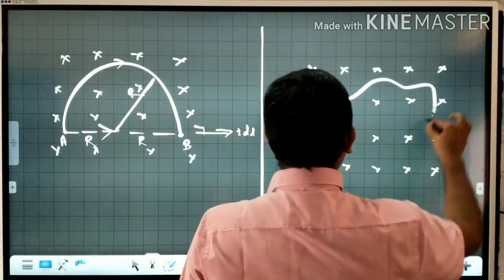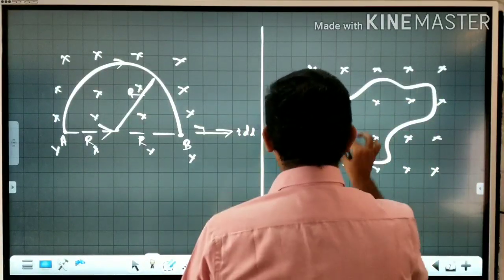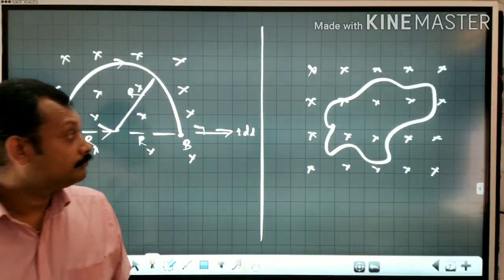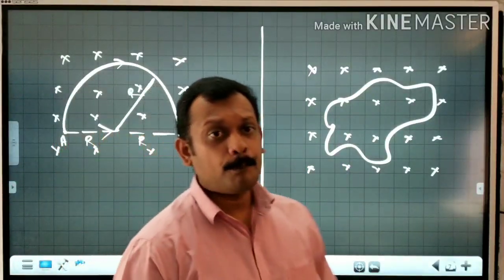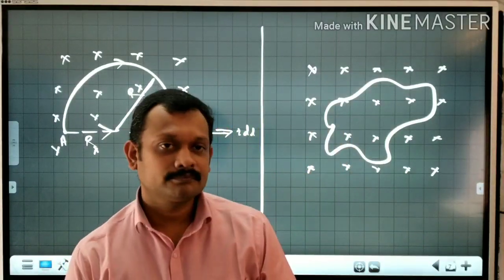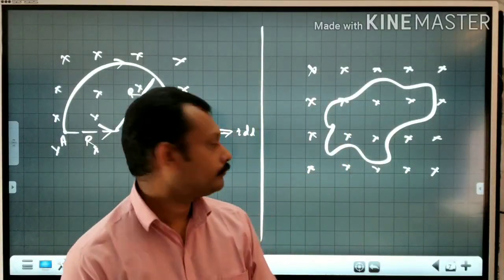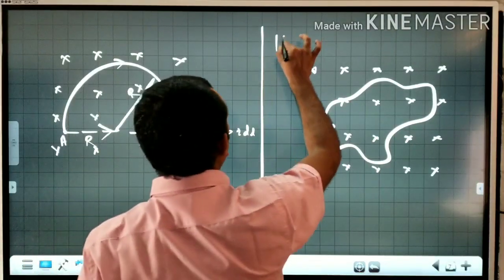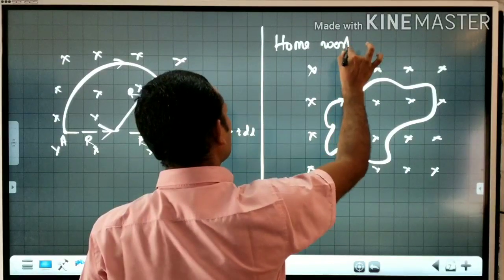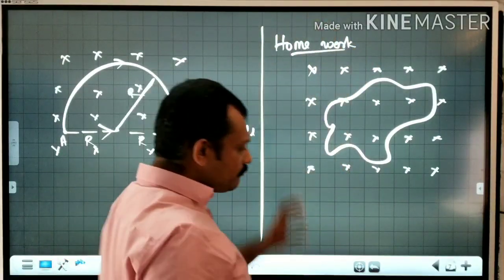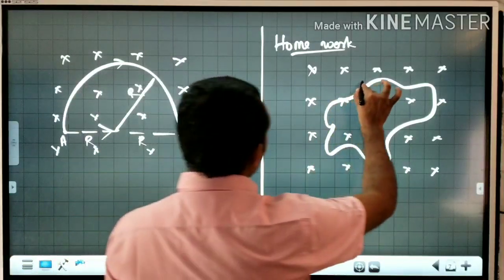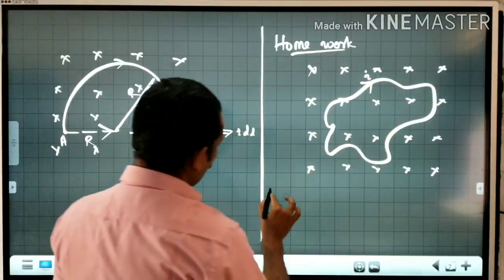This is an irregular loop placed in a uniform magnetic field. Okay. This is also a homework. The discussion of this question will be done in the next video. And this carries a current I. Question number 1.